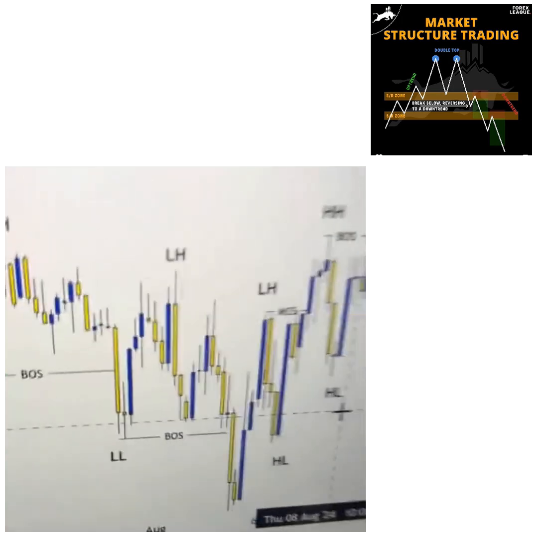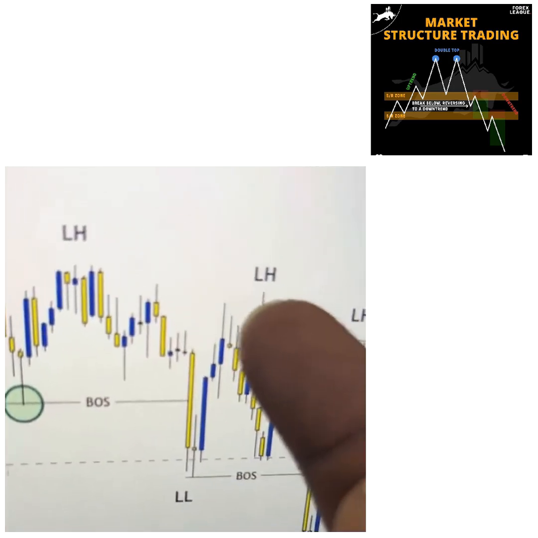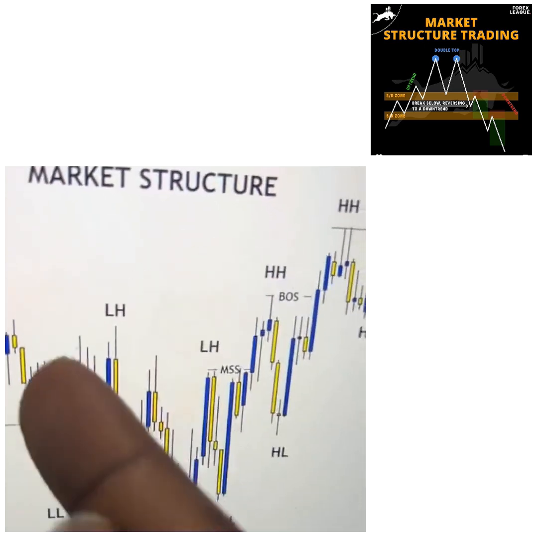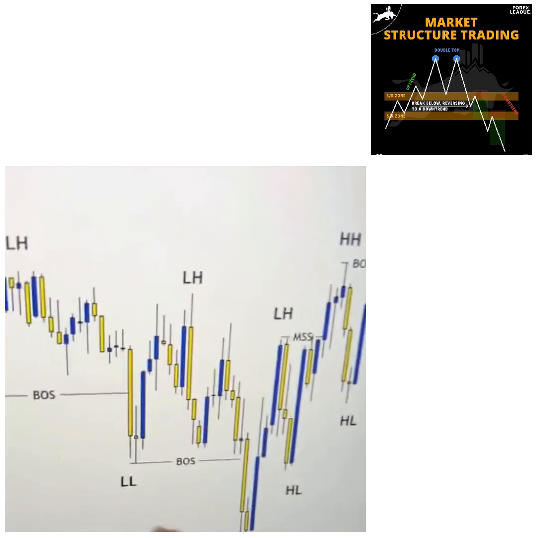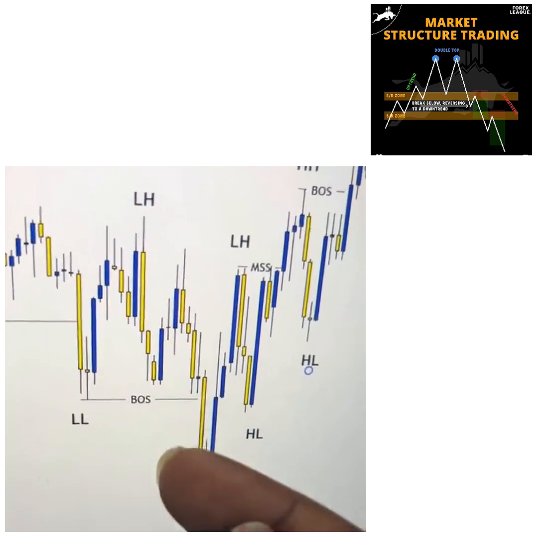Now if you notice here, this high is higher than this one, and it's also higher than this one. Every time price broke the recent low, we tend to have a break of structure.